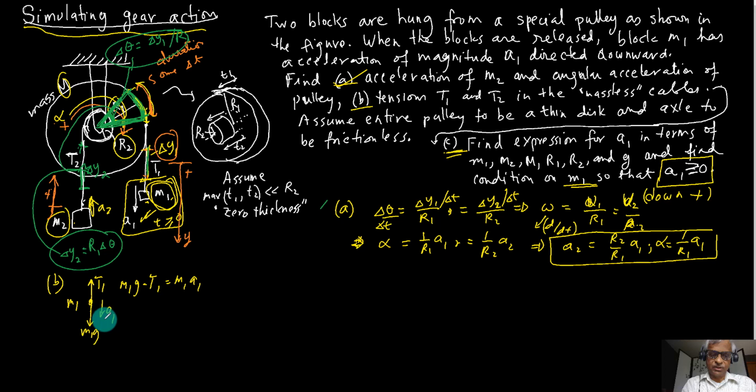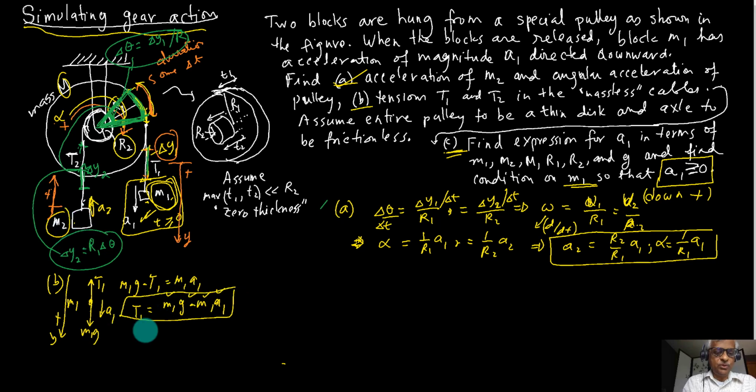Make sure the signs are all right, because it's accelerating this way, which means this force is bigger than that force. I don't need to use axis, but you could. We have already said this is my positive y-axis, so you can do y components, but it's not necessary. So T1 is, I bring this on the other side, M1G minus M1A1. And A1 is already given, so everything is given here. So this is the answer for T1.